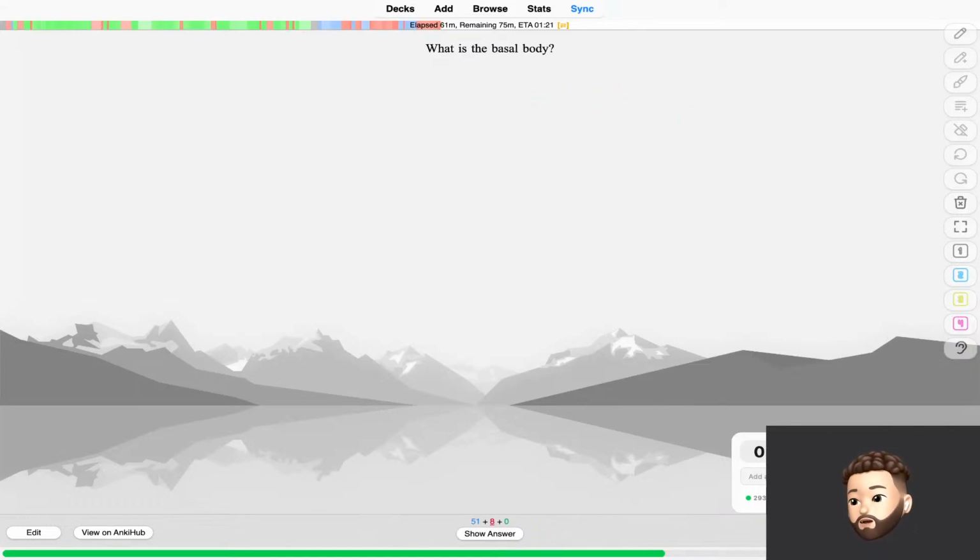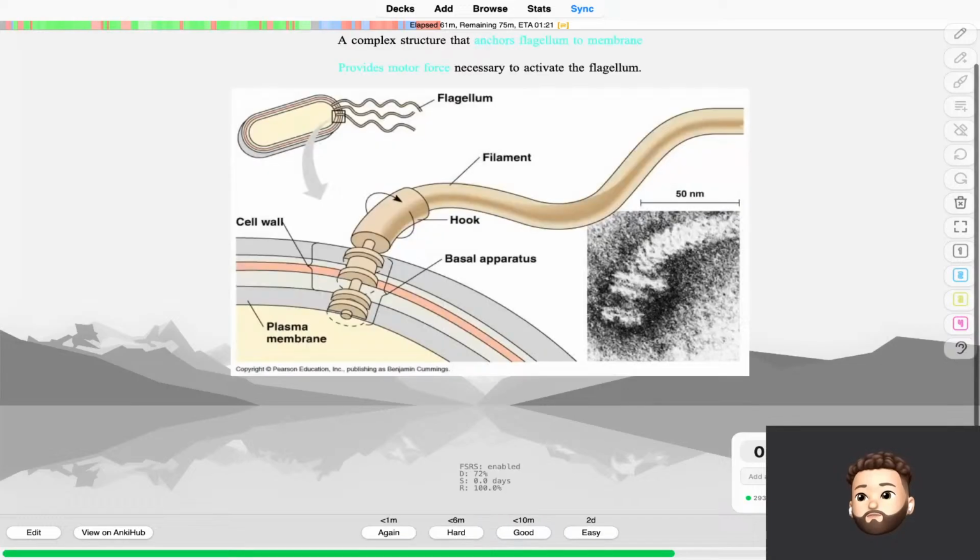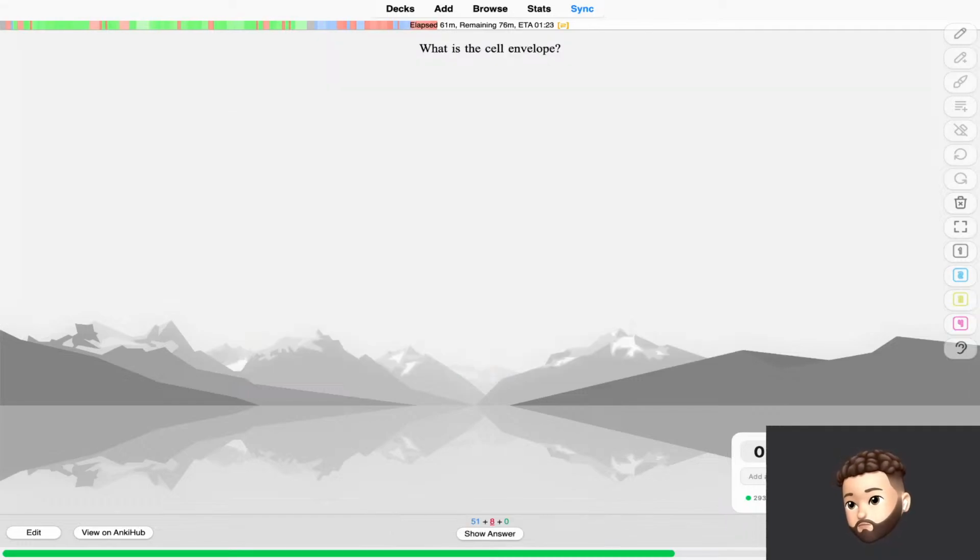What is the basal body? It's a structure that anchors the flagellum to the membrane. It also provides the motor force to activate the flagellum. What is the cell envelope?